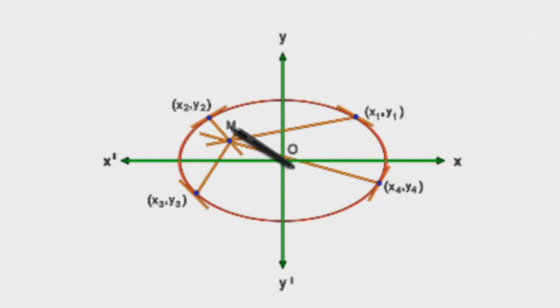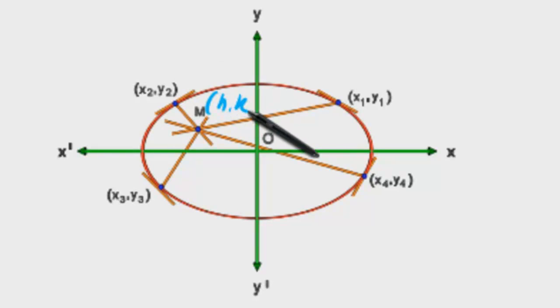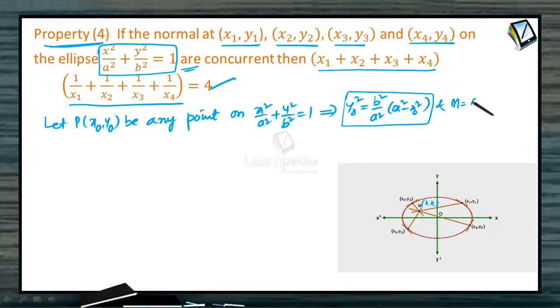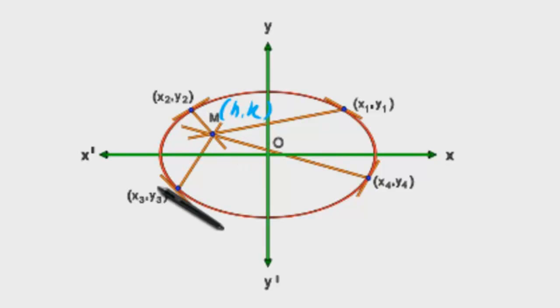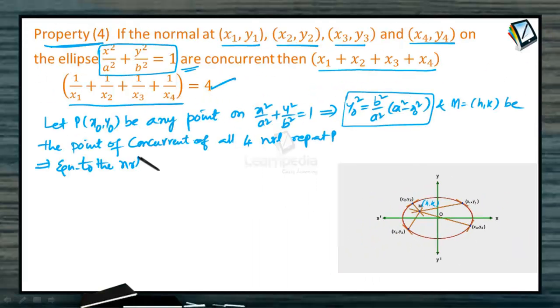And let us take M equal to (h, k) as the point of intersection, the point of concurrency of all four normals. At P, you can take P to be this point or this point or any of the four. Therefore, the equation of the normal at the sample point P (x naught, y naught) becomes y minus y naught equals a square y naught by b square x naught into (x minus x naught).